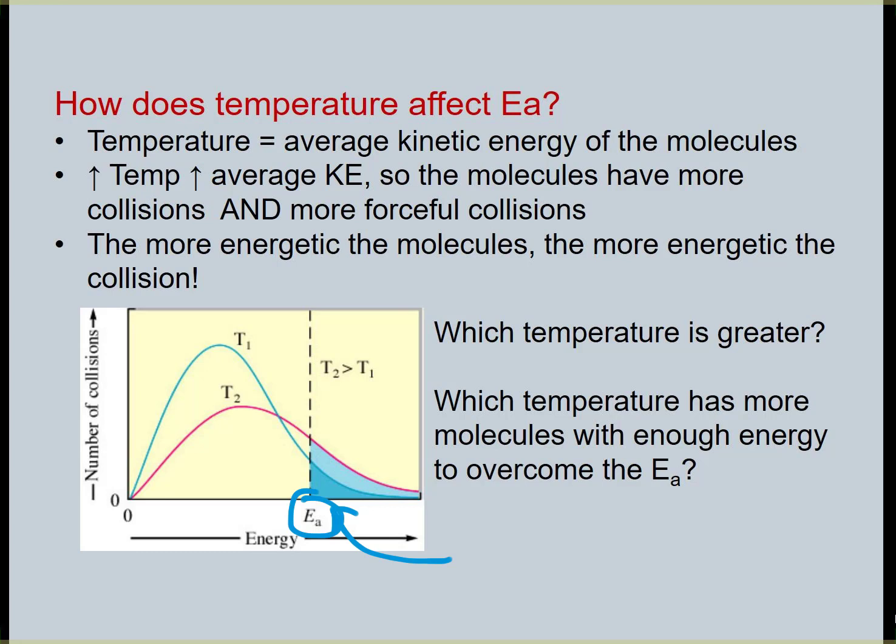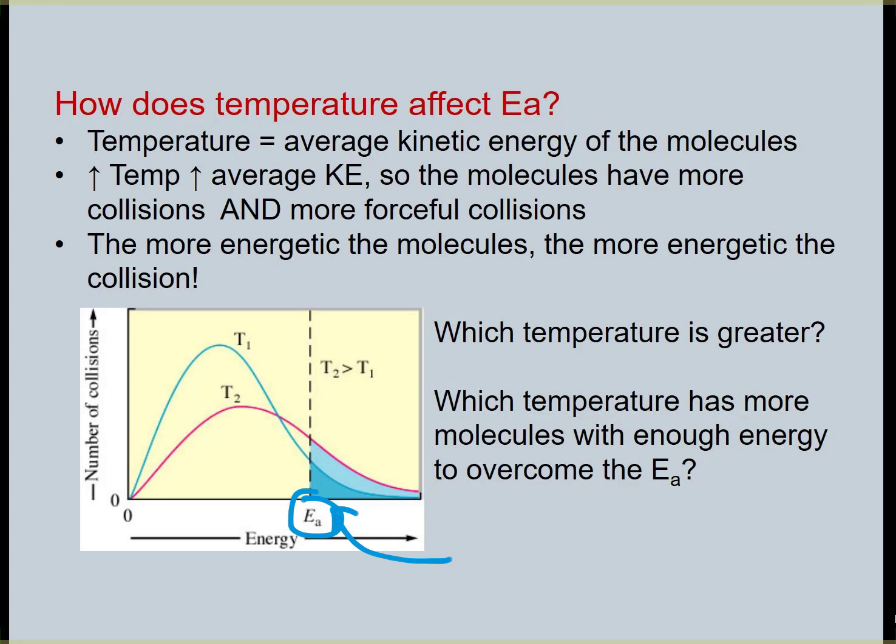So that would be the activation energy that you could put on this graph. And then we see two different temperatures. You see that there's always a wide range of energy in the molecules. So some are going slower, some are going faster. But you see overall with the second temperature, you get more molecules that are able to achieve that activation energy.